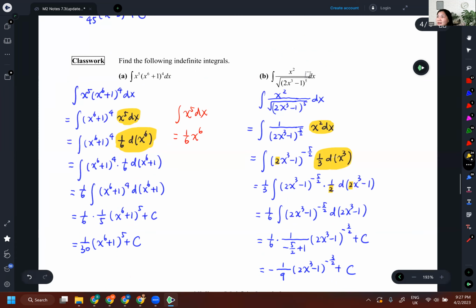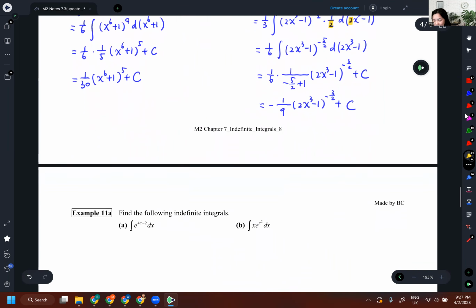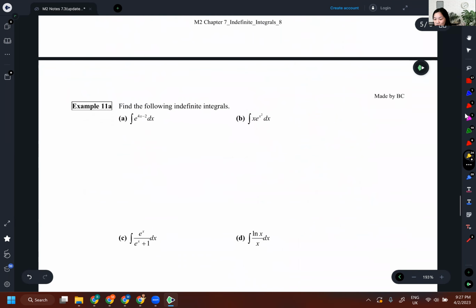It has to work this way, otherwise it cannot be solved. It has to work this way because this is 2 and this is 3. That's the only way. I'll show you more examples.